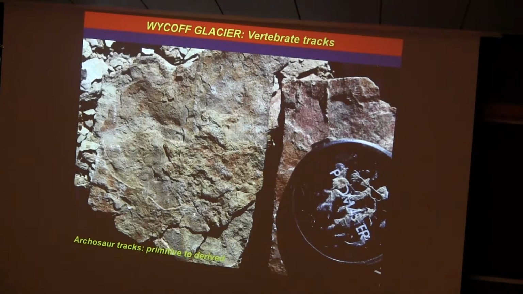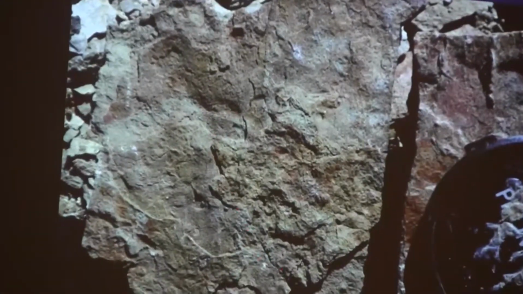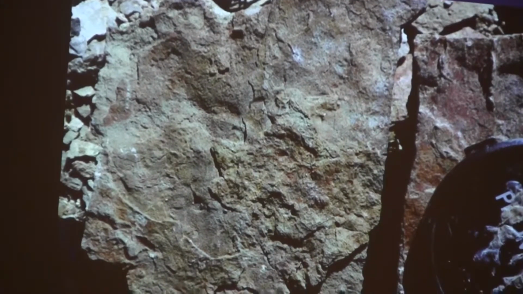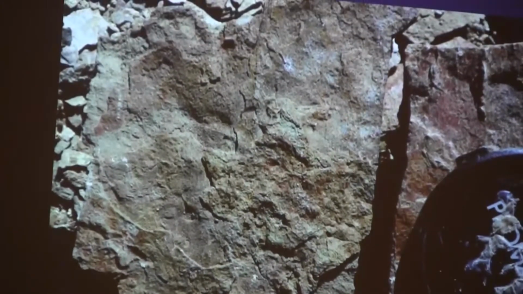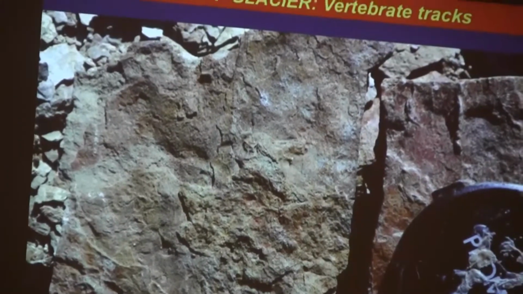Can you guys see the footprint in there? See, there's the middle toe, one toe, heel, the other toe right up here. It's a nice 3-toe track. It would look like a smaller ornithopod. No idea who made it. But a derived archosaur running around on the surface.